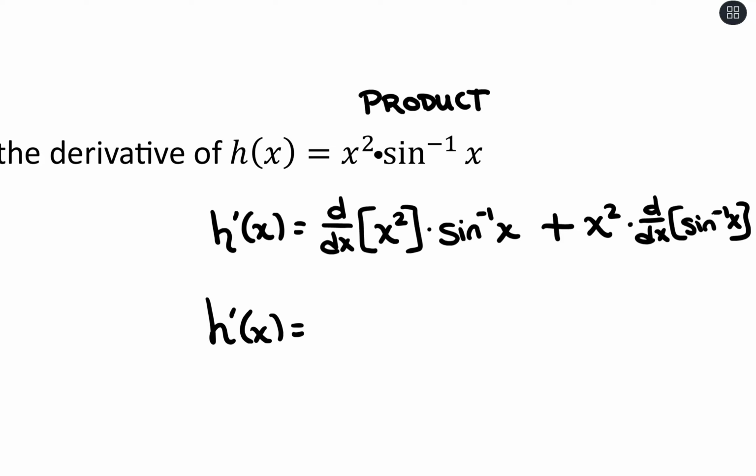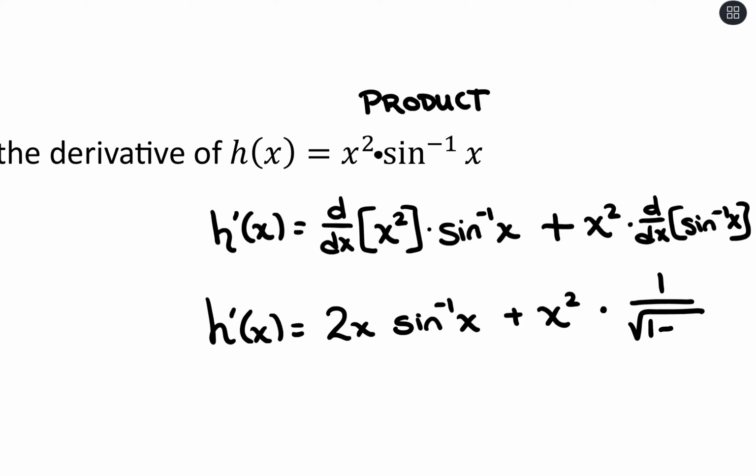Okay, so the derivative of x squared is 2x. We have inverse sine of x plus x squared times the derivative of inverse sine of x, which is 1 over the square root of 1 minus x squared.